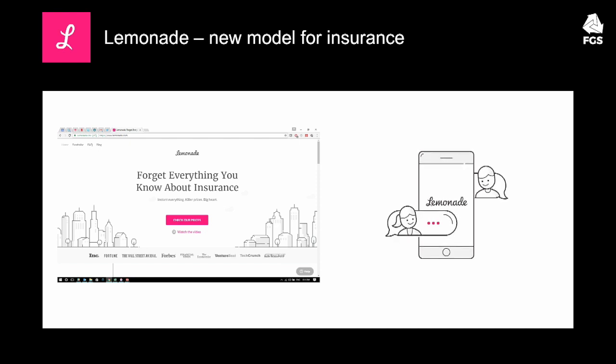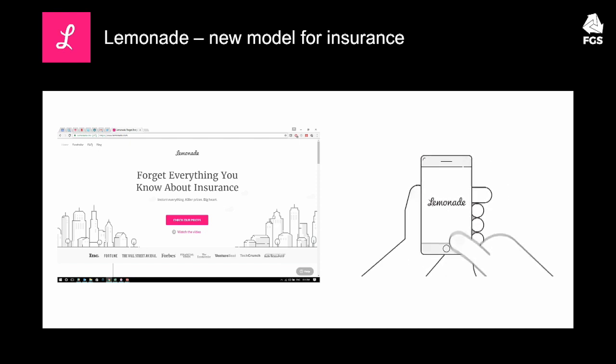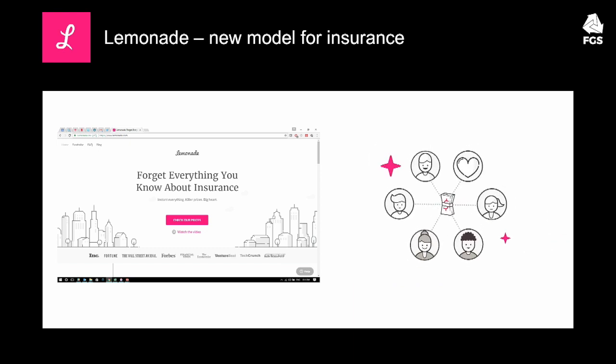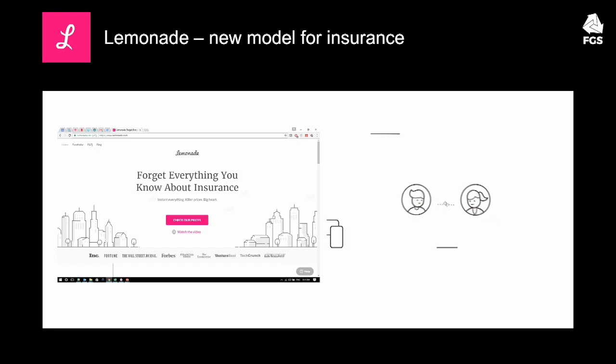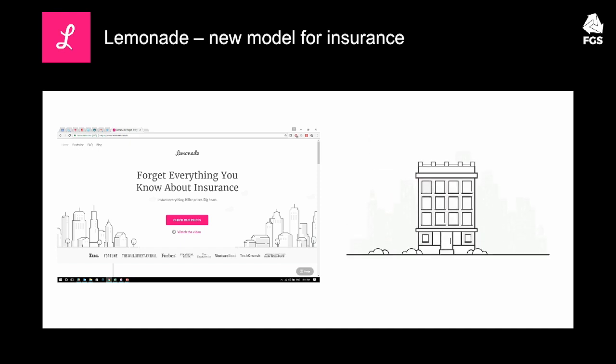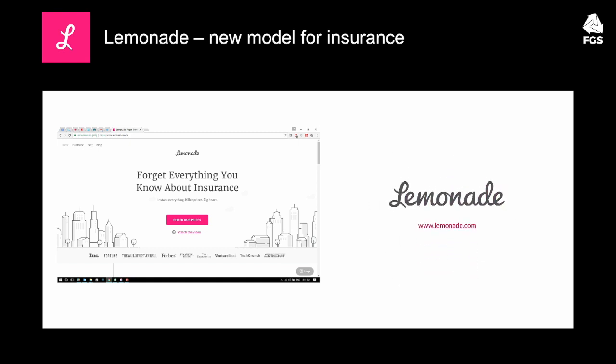And since we don't have brokers, we're super cheap. All this is available from the comfort of your smartphone. But here's the best part. Most years, we'll have money left over. We take that cash and we give back to causes that matter to you. This is what insurance was always meant to be. Protecting people and strengthening communities. That's what we're all about. That's Lemonade.